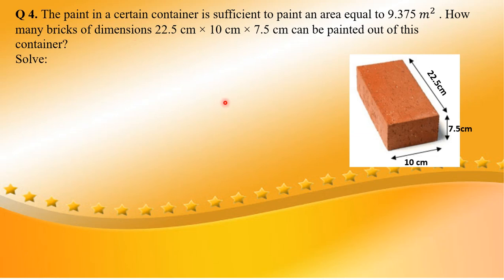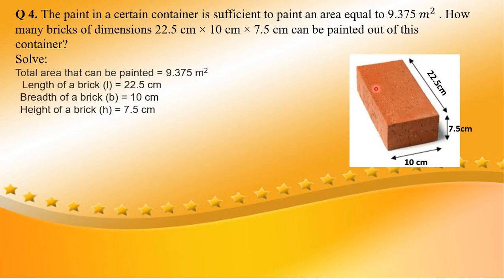So what are the given quantities? The area we are able to paint is 9.375 meters square, and the dimensions of the brick are given: length is 22.5 centimeter, height is 7.5 centimeter, and breadth is 10 centimeter.